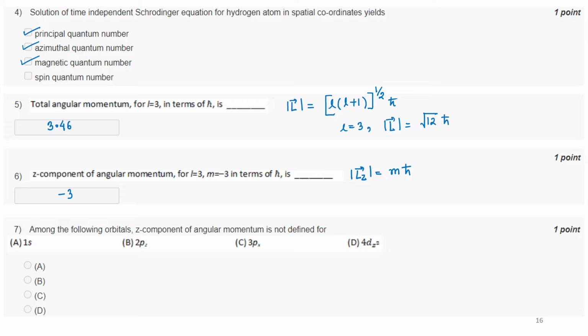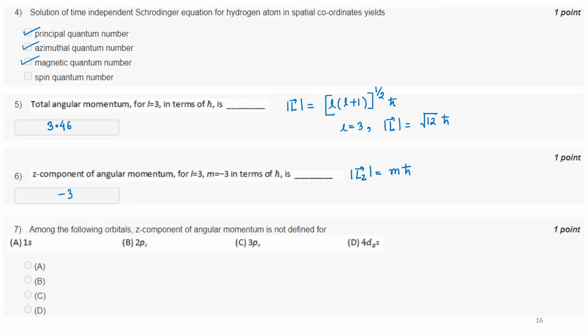The z component of angular momentum will not be defined for those real orbitals like px, py, and even for the d orbitals x square minus y square, or dxy, dyz, dxz, because those are real orbitals which come from a linear combination of the atomic orbitals.